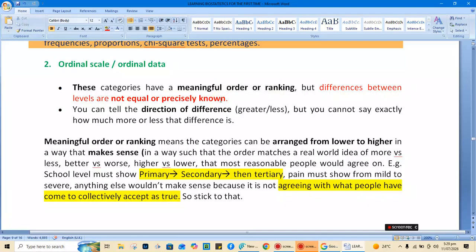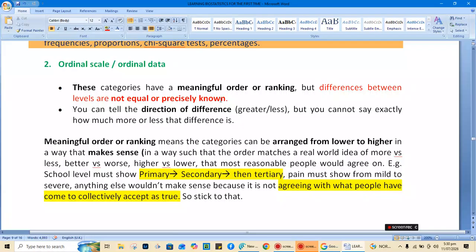So here, in short, this is where you put data in categories in such a way that it makes sense to society. For example, when you're looking at educational level, you have to list them in this order when you are trying to collect your data: primary, secondary, tertiary.